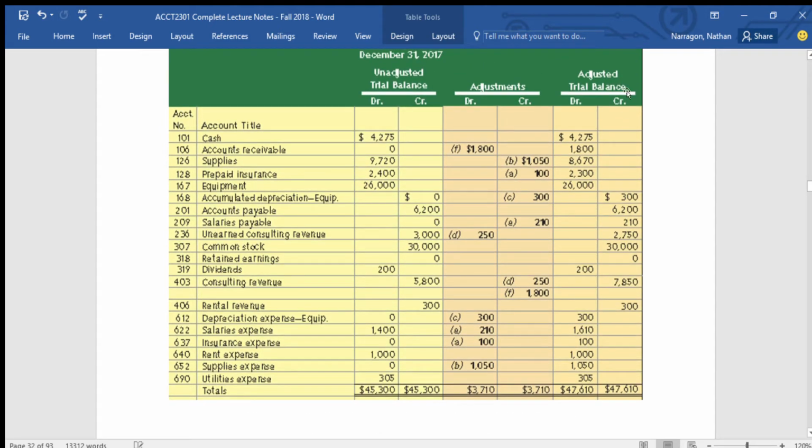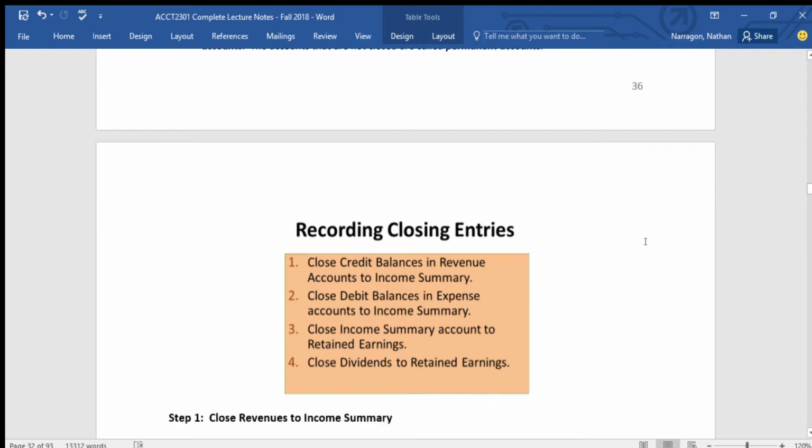Notice that they're both credits, and we have to bring them down to 0. So when we're bringing the accounts down, we have to do the opposite. If they're credits now, the opposite would have to be a debit. So we're going to debit for those amounts.